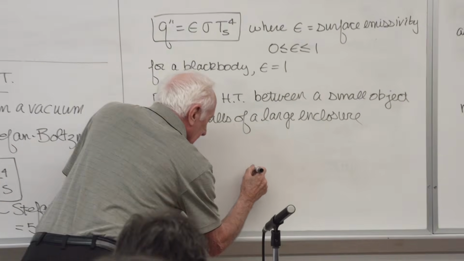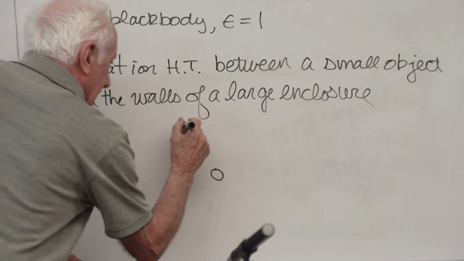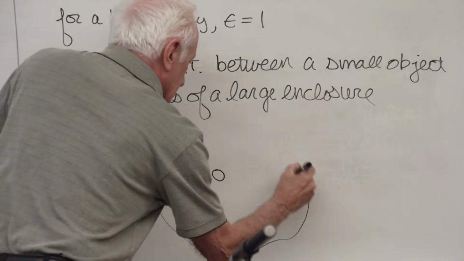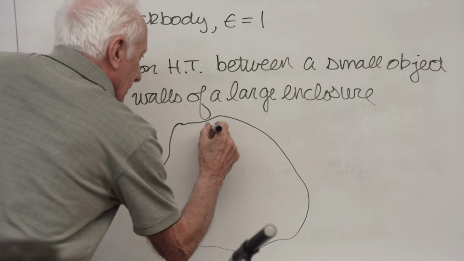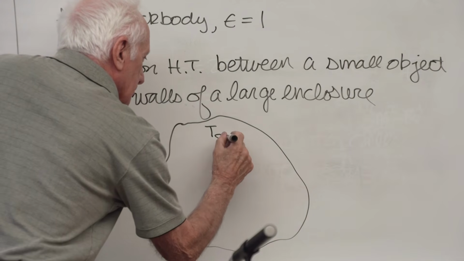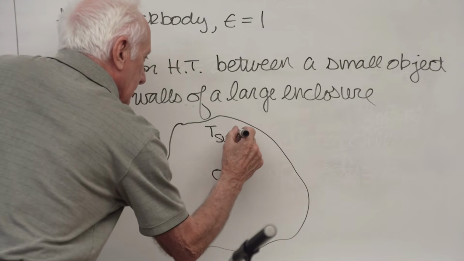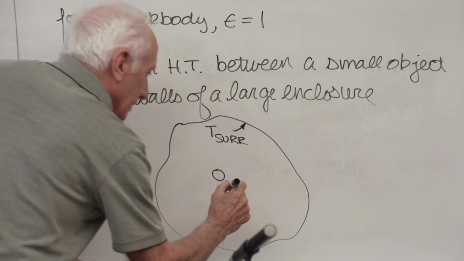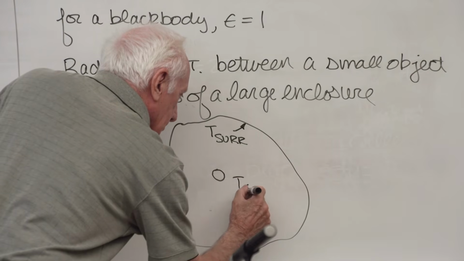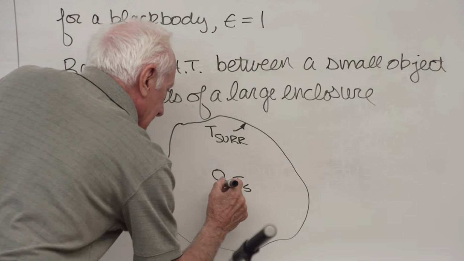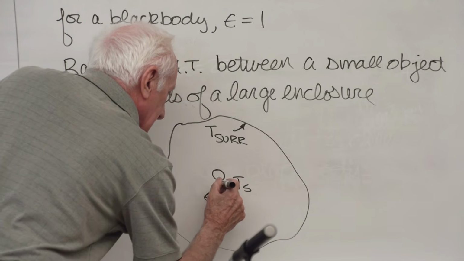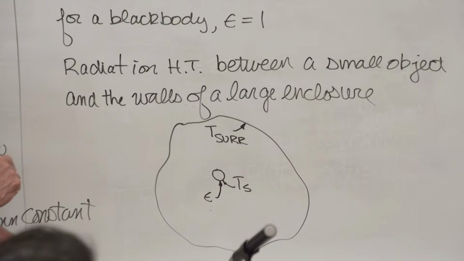So here's a small object in a very large enclosure. The walls of the enclosure are at a temperature called T surroundings. The object is at a temperature T sub S. The emissivity is the emissivity of the surface, epsilon.